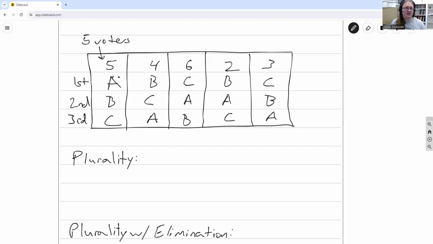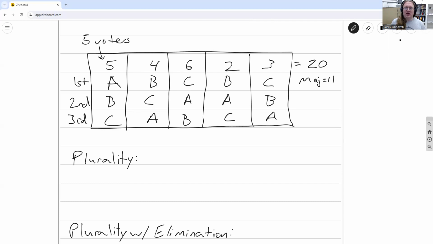And they voted A, the best, and C, the worst, with B somewhere in between them. And then we can see that in total, there's 5, 9, 15, 20 voters. And that means that a majority, if someone were to get a majority, that would have to be 11 votes.